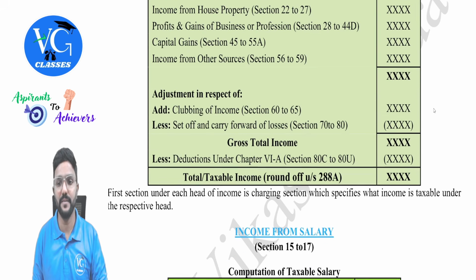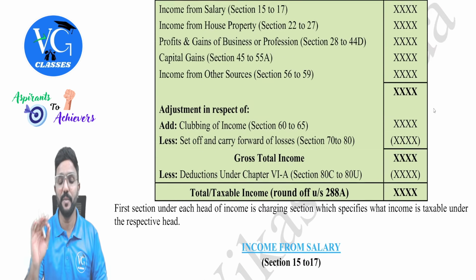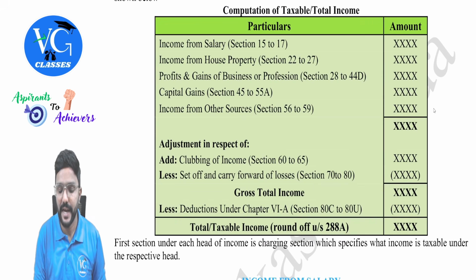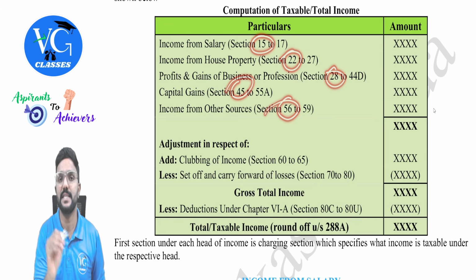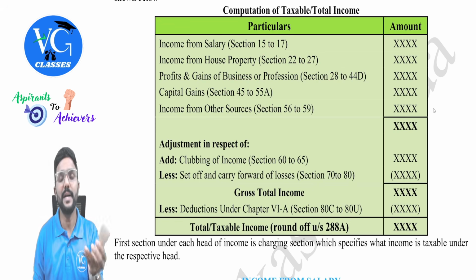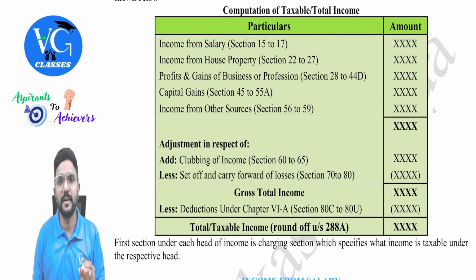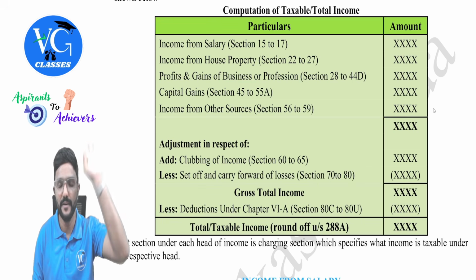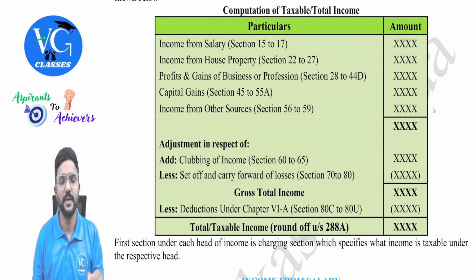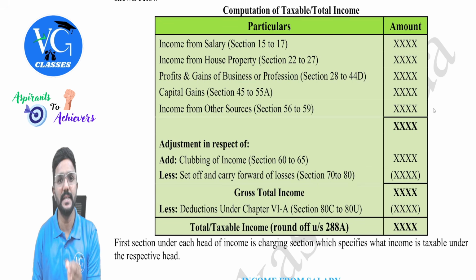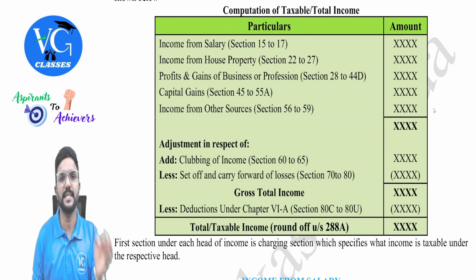And before we start with the head salary, guys, you should know this. Under each head, whatever is the first section is a specific charging section which tells what income is taxable under that respective head. Under the Income Tax Act, there are two charging sections. One is the general charging section, which is section 4, which we learned in the first chapter, which tells that the total income of a person earned in the previous year is chargeable to tax in the assessment year.